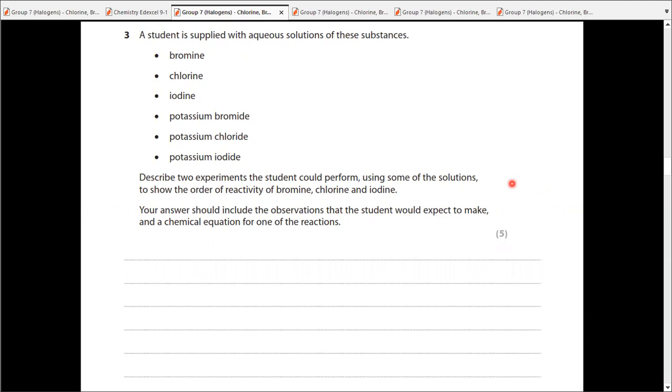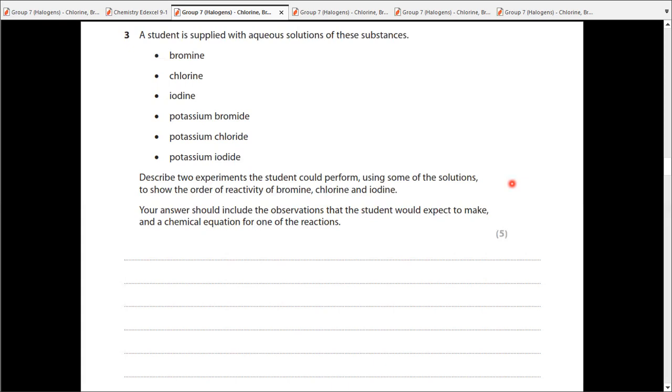For the second case, you can take the example of chlorine, but this time you can use potassium bromide, or instead you can use bromine and take the same solution, potassium iodide, and again you're going to form iodine. Again the colorless solution will turn to orange or brown because iodine is formed, and again you get the next 2 marks.